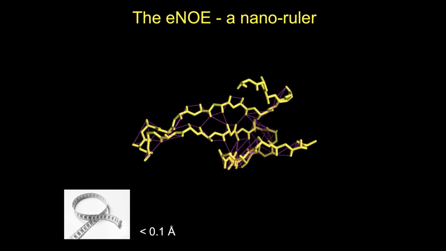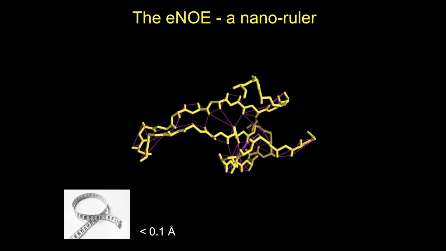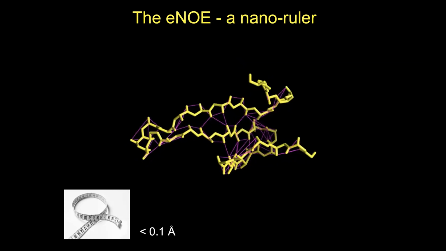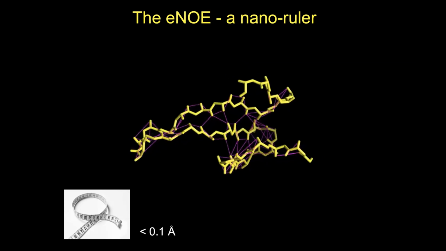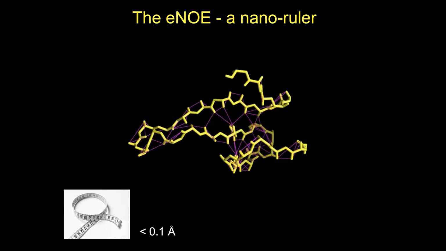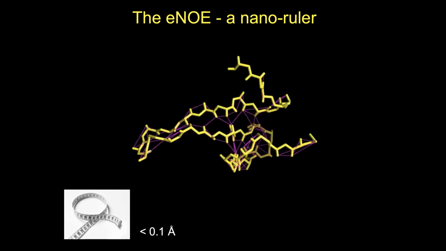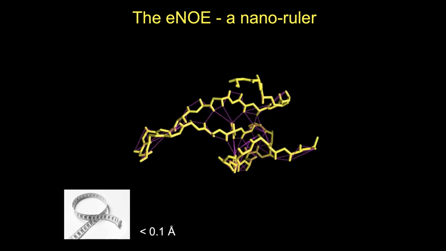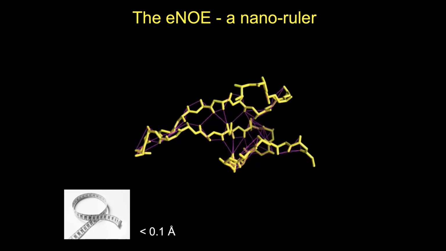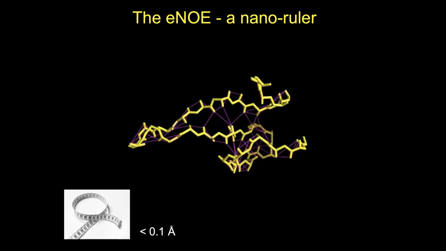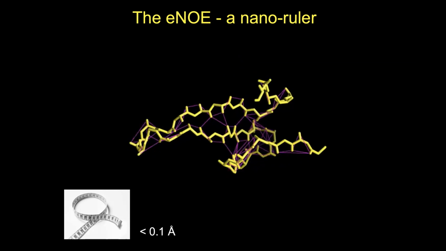So we measure exact NOEs, and in turn we can convert these exact NOEs into exact distances, and as such are really a nanoruler. These NOEs are between protons that are close in space. This means that we can really get through-space measurements, not necessarily along covalent bonds.